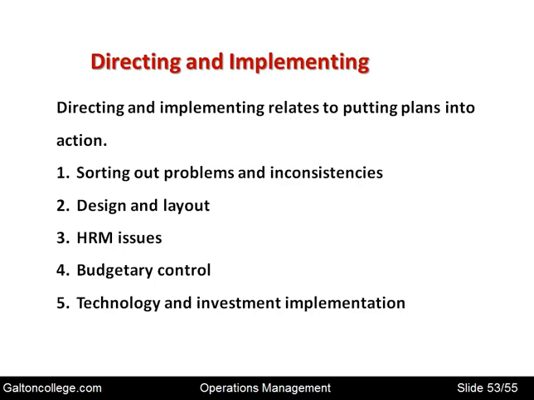And there needs to be careful consideration of the technology and investment implications in any implementation of a plan. The technology and the investment ideally should match what's in the business.